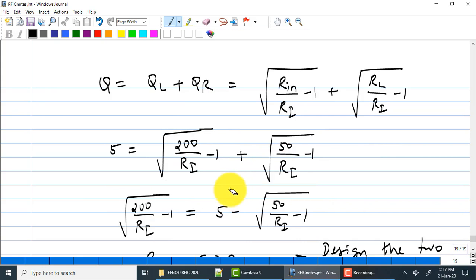If you look at this equation, right, if your left hand side is fixed, the value of Ri has to get smaller. You have the sum of two square roots. 50 and 200 do not change. Ri has to get smaller if the overall Q gets larger. Okay. What will happen is that as a practical matter, you cannot get a larger Q than a specific value.